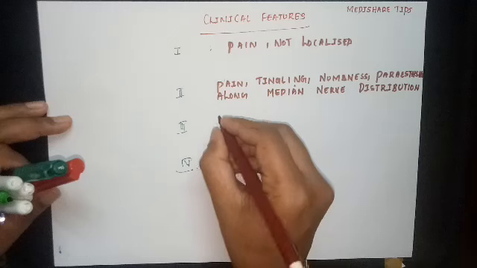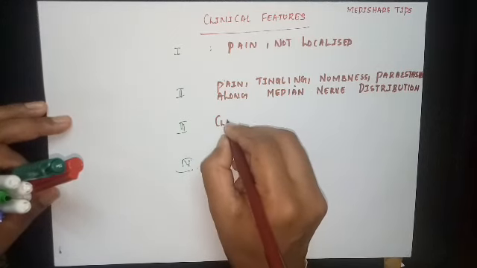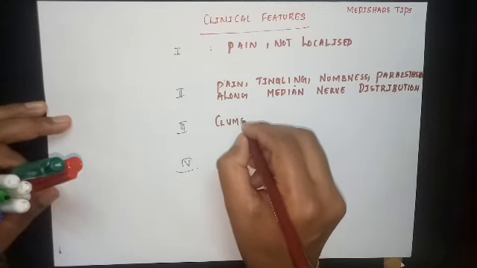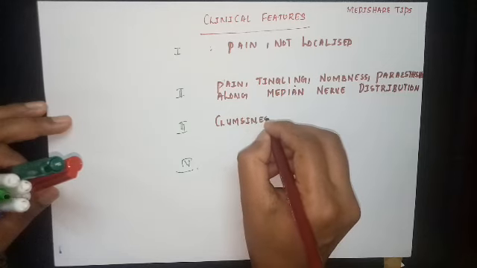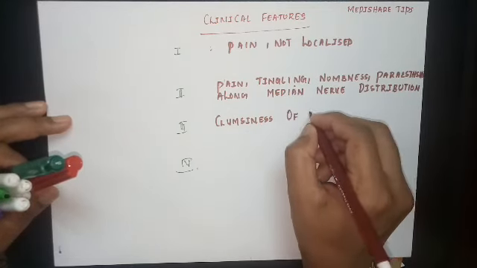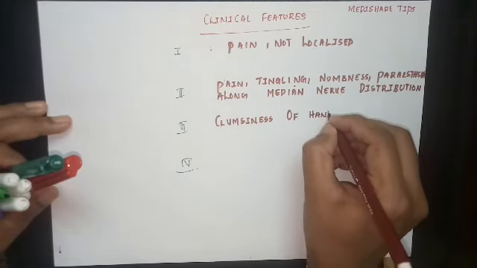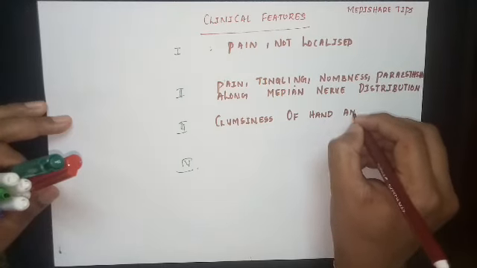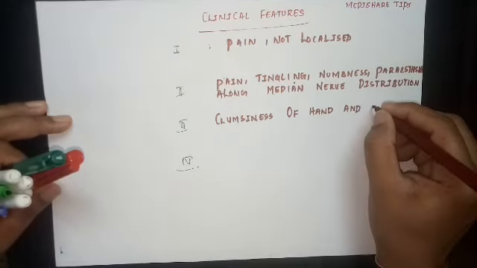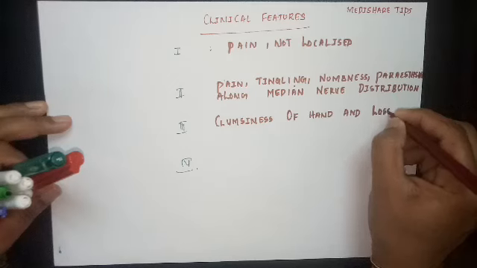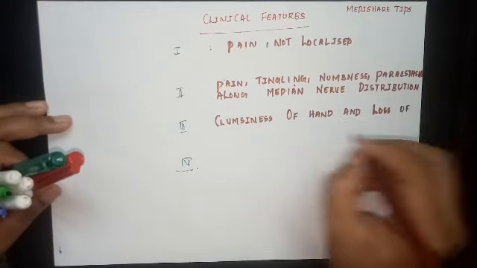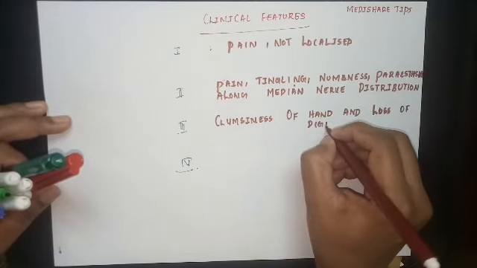At the third stage, the patient may have clumsiness of the hand and loss or impairment of digital functions.